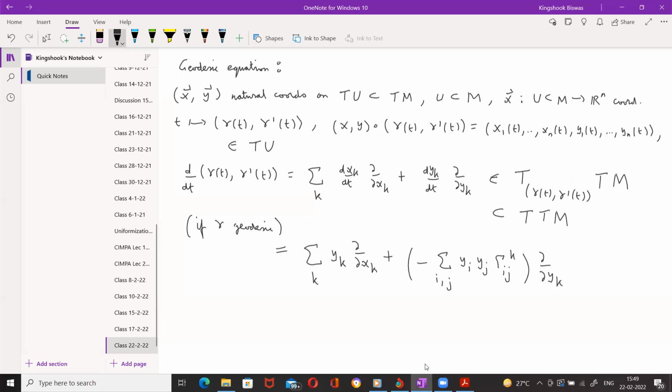So this thing itself, I can think of as a vector field on the tangent bundle, right? So I can write this as some G_x(y) to indicate the dependence on the coordinate x of (gamma(t), gamma prime(t)).